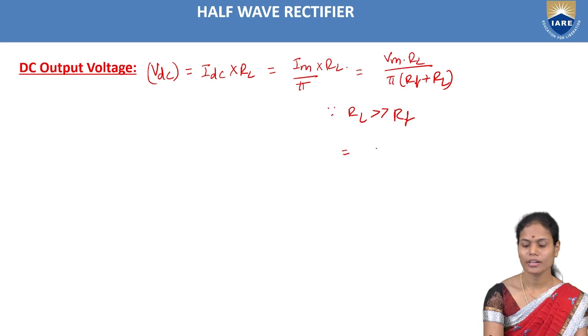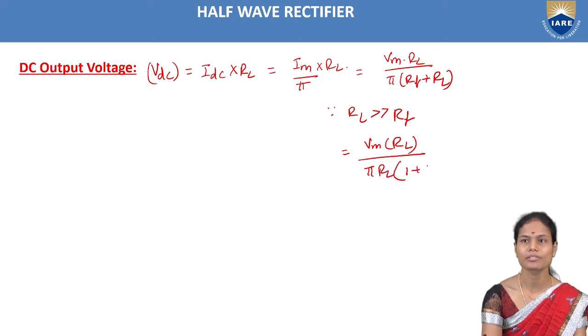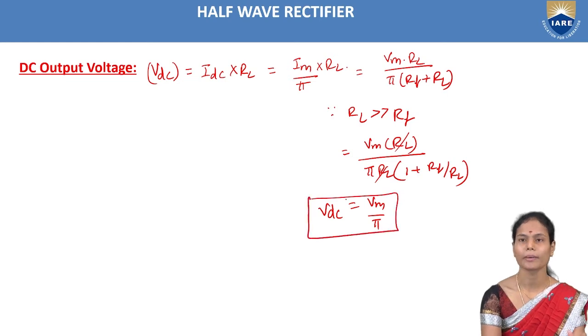If we take the RL common here, Vm into RL by pi into RL, that is 1 plus RF by RL. If the load resistance value is very high, this total value will be reduced. So we can neglect that value, which is less than 1. We will be getting Vm by pi. So VDC value here is Vm by pi. IDC value we got as Im by pi, as well as VDC value we got as Vm by pi.